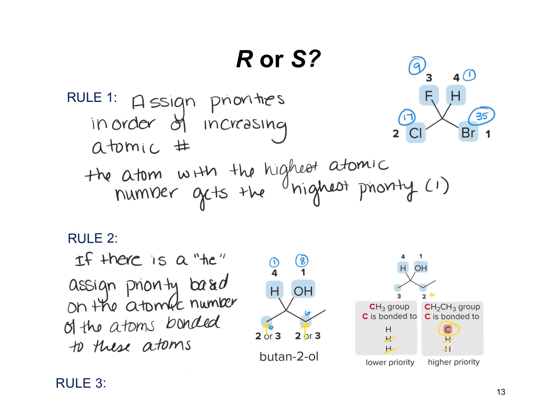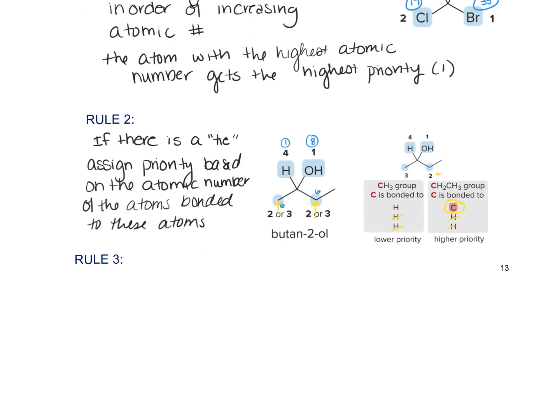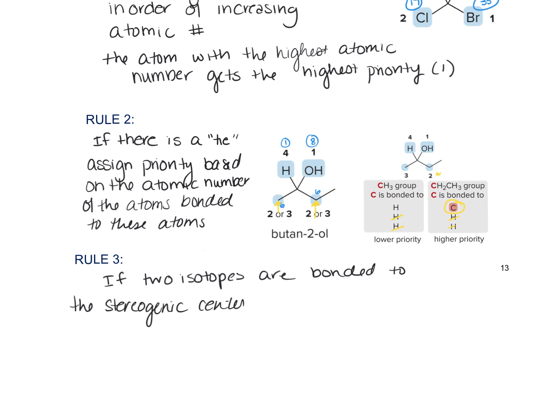Now, for rule 3, sometimes you're going to have isotopes. So if you have 2 isotopes bonded to the stereogenic center, assign priorities in order of mass number.